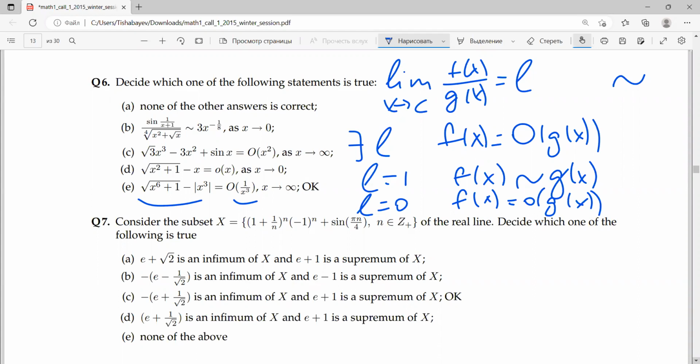So limit as x tends to infinity of 1 over x cubed, here we have square root of x to the 6th power plus 1 minus cubic root of x cubed. So what should you do here?